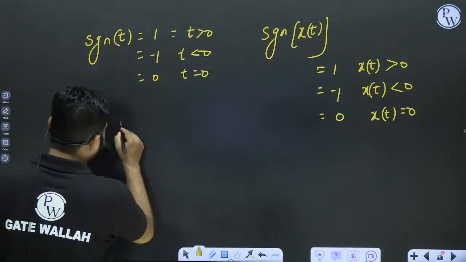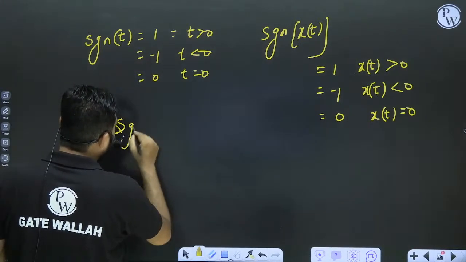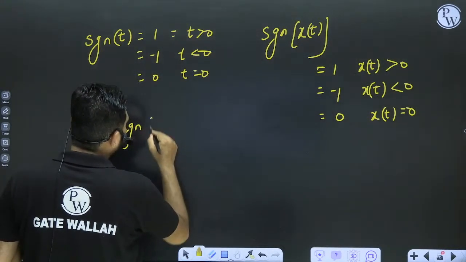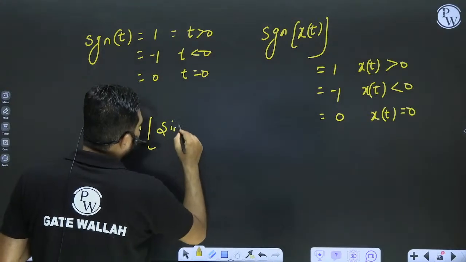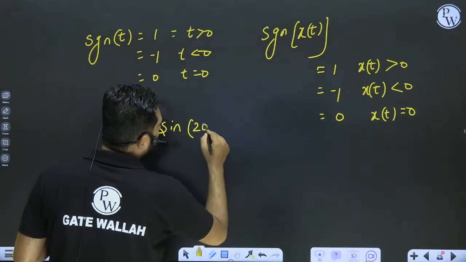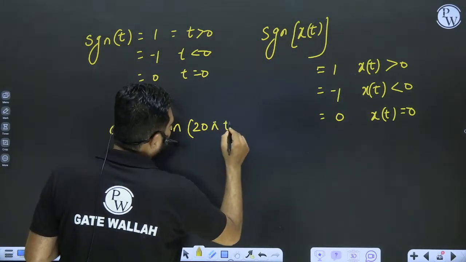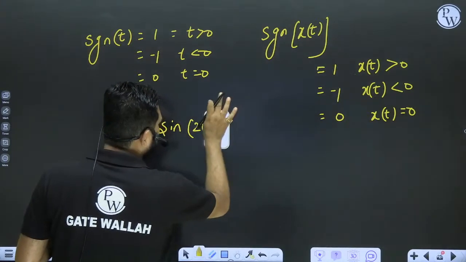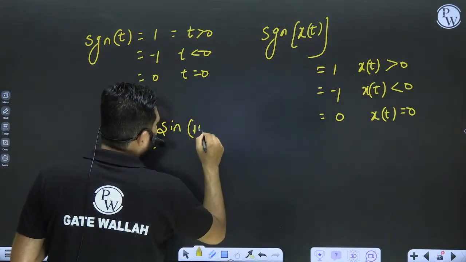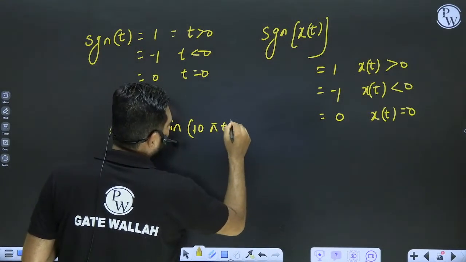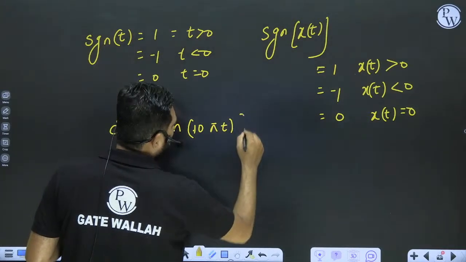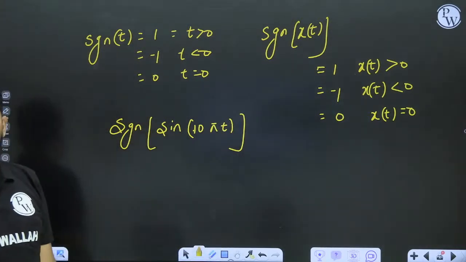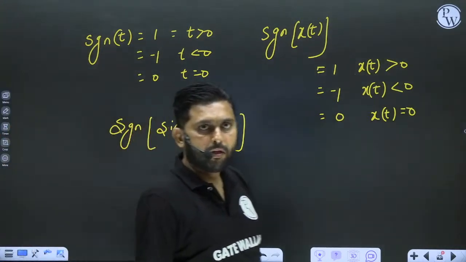Then tell me what is Signum of sine 20 pi t. Let's say 10 pi t, I am saying 10 pi t. Signum of sine 10 pi t.